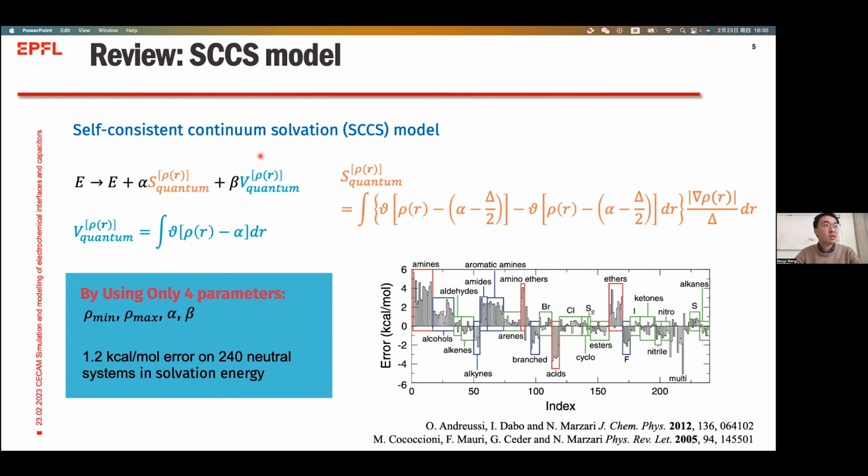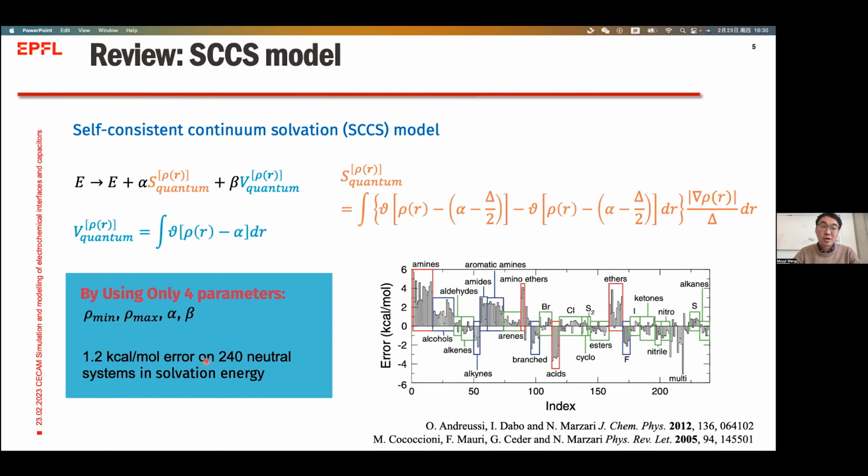For this SCCS model, we also have two terms that change the total energy to fit the solvation energy of the experimental result. The first one acts as a function of the surface tension, and the second one as the pressure. By fitting these parameters to the experimental solvation energy, we get a small error over more than 200 neutral systems.